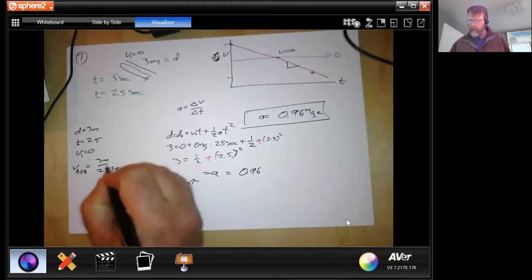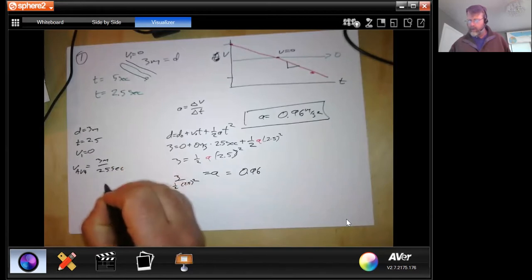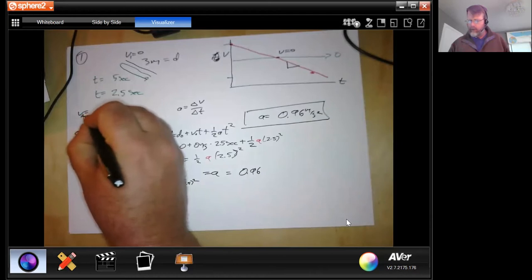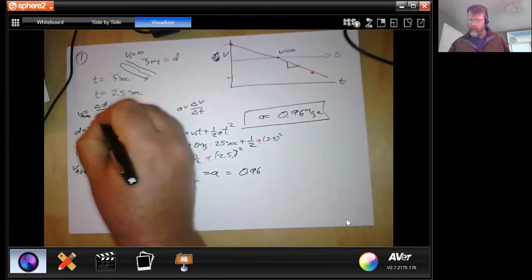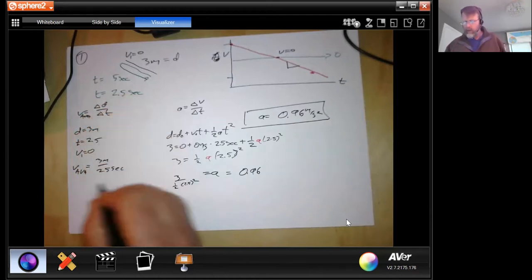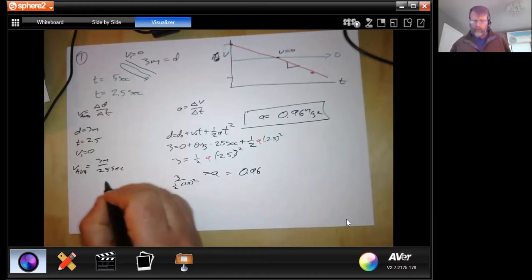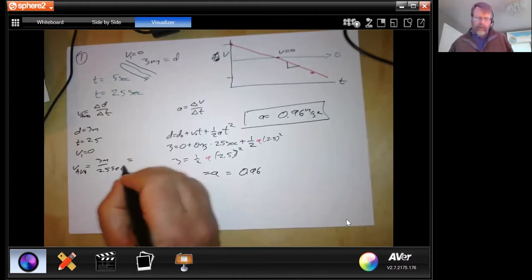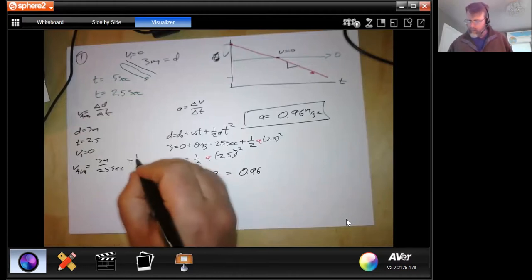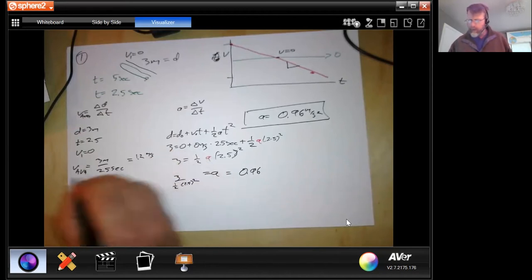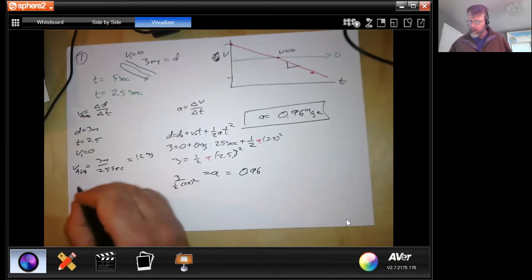I'm doing average velocity equals change in distance over change in time, okay? So if that is the equation we're doing, then that gives us an average velocity of 1.2 meters per second, okay?